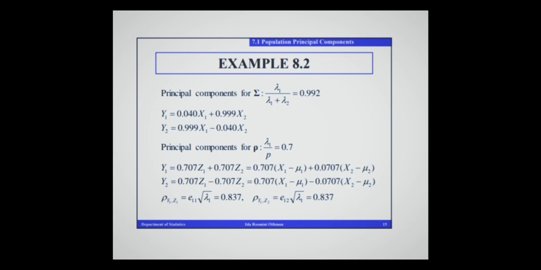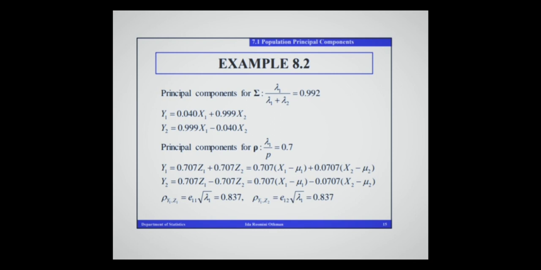Okay, and then you should also know the number of PCs, or the number of principal components, to be used is based on a cumulative percentage value of at least 70%. So in this case, we test the first principal component first. The value is 0.992. So we say only the first principal component is needed to replace the variables.